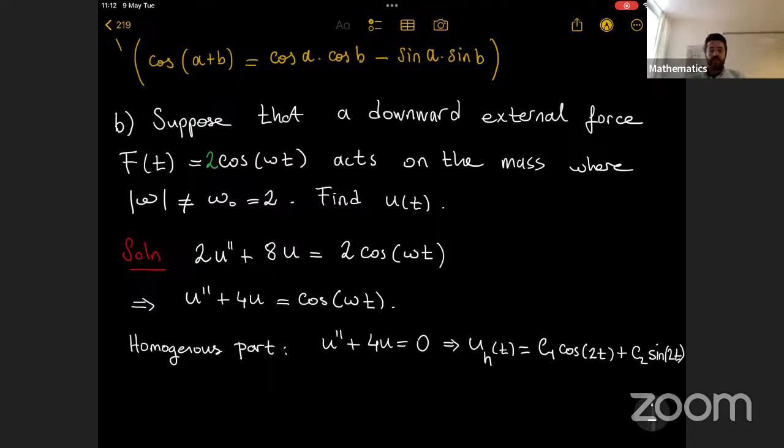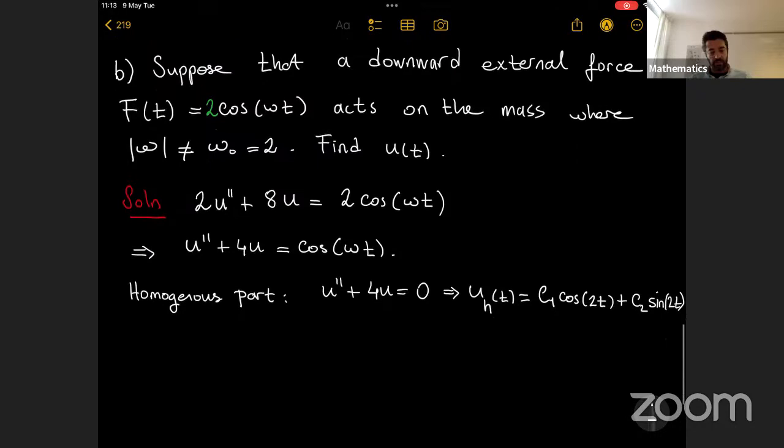Well, this part is different from the previous part. In the previous part, we pulled down the spring and gave some initial velocity and so on. Here we don't have anything like this. We have an external force, okay? So we don't know what C1 and C2 are here.